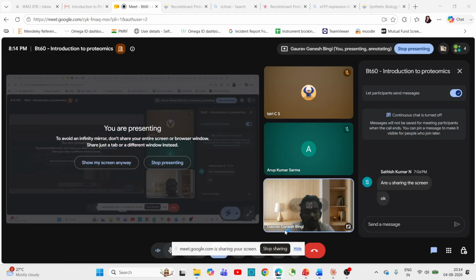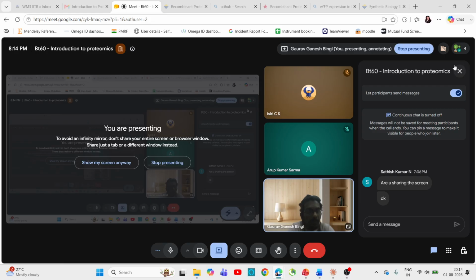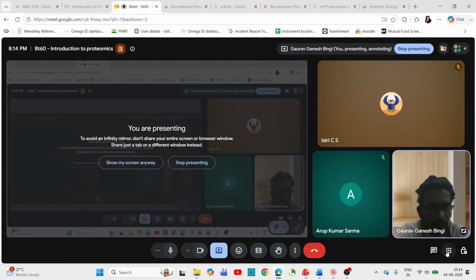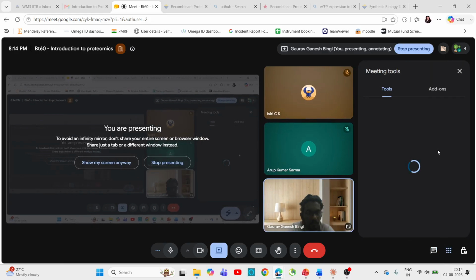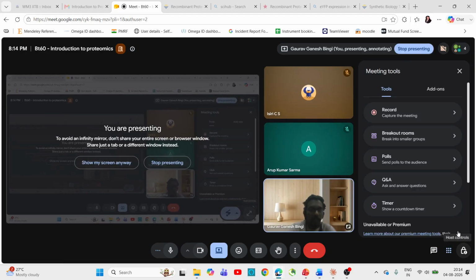How do I get the screen so that I can see the chat box?